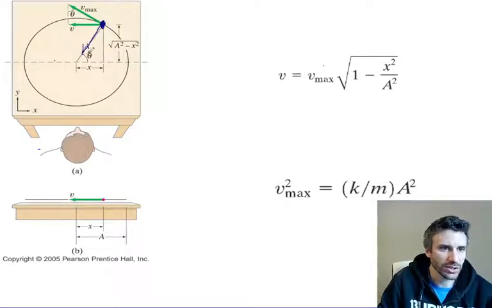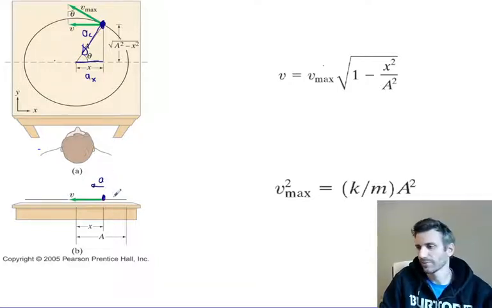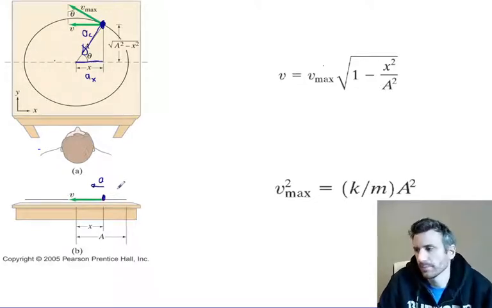There is an acceleration towards the center. The acceleration that you observe here for that spot, what is it? It is the x component of the acceleration. The acceleration in the x direction is the acceleration that you would observe here. Those are one and the same.